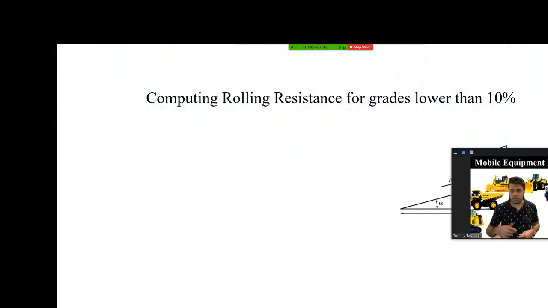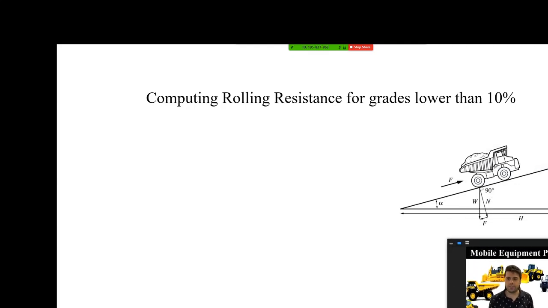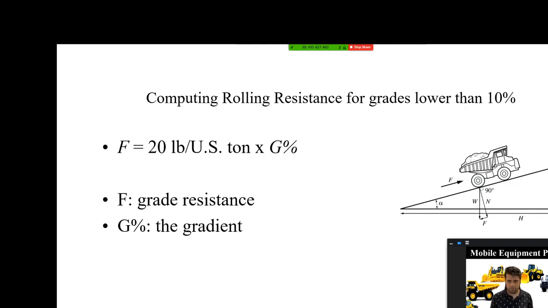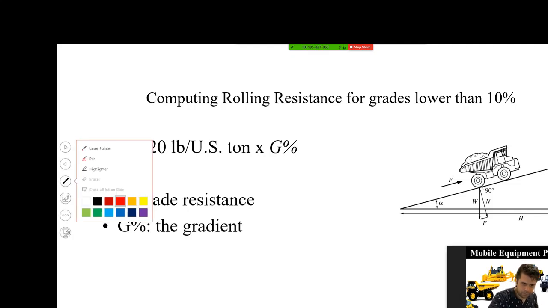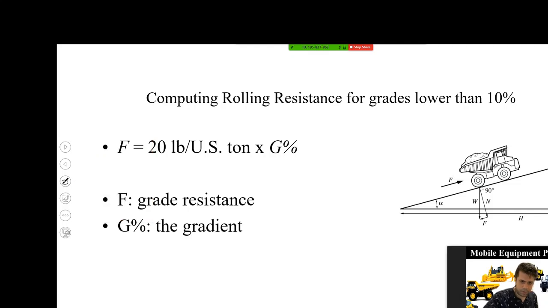Computing rolling resistance for grades lower than 10%. If you remember, we said that we present the grades in construction with percentages, not with other types of measurements. So if that is given, let me get my pen in here. Okay, I get a red pen.